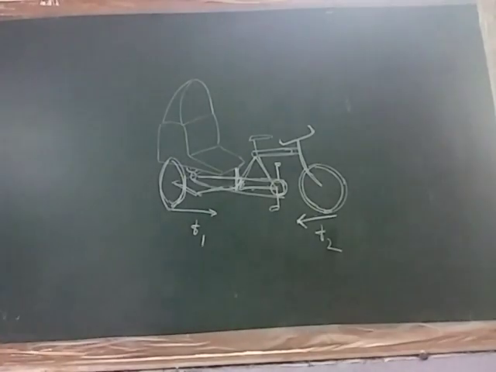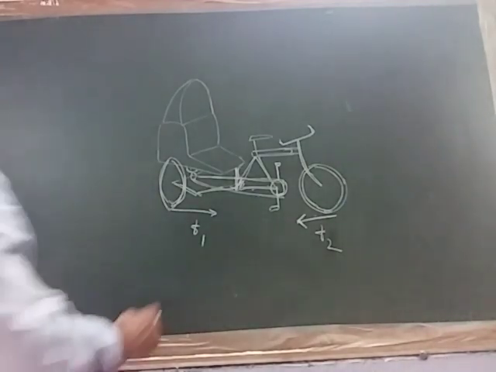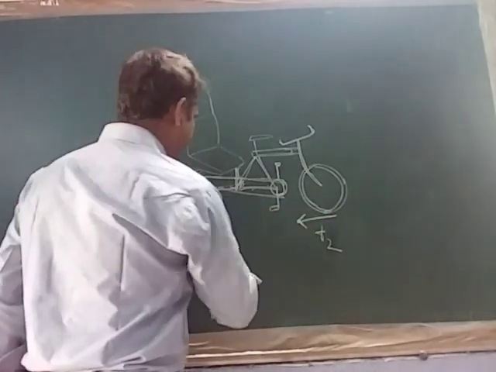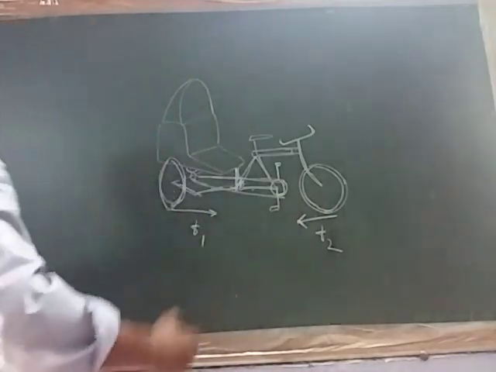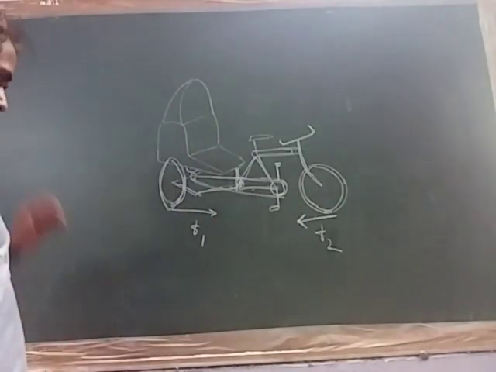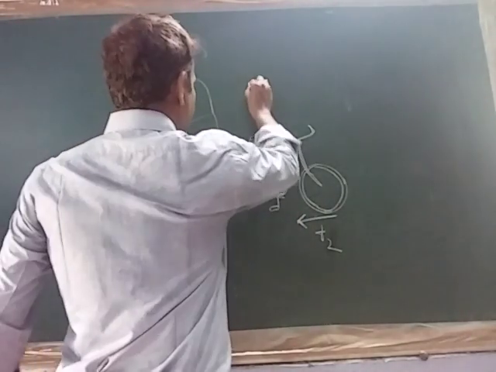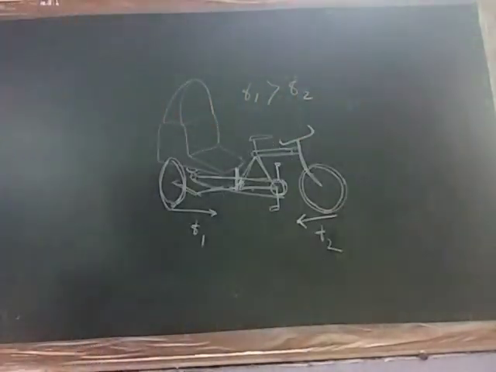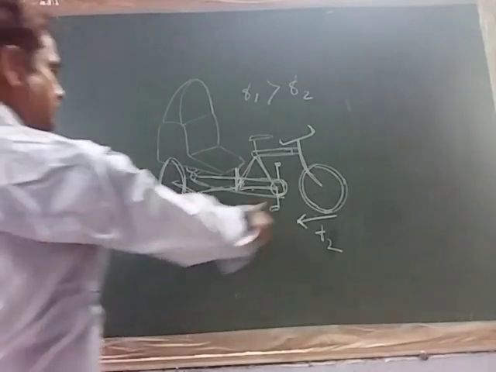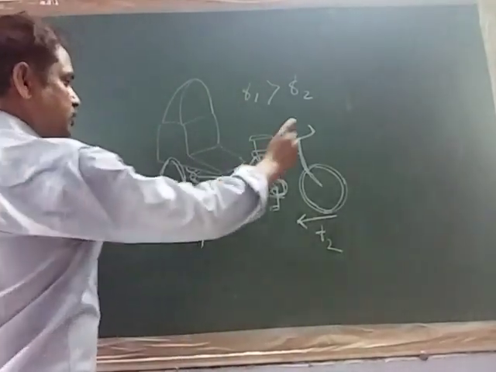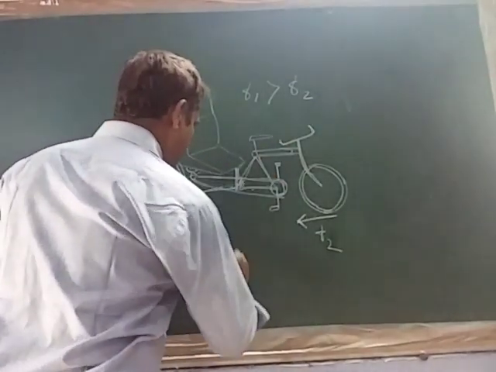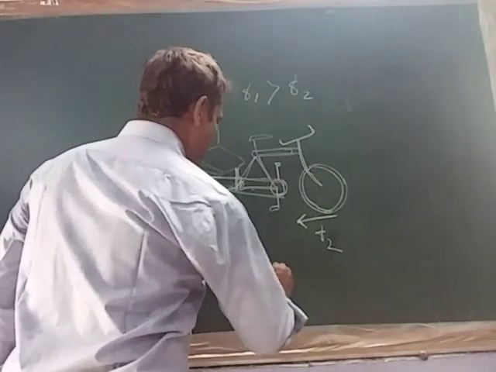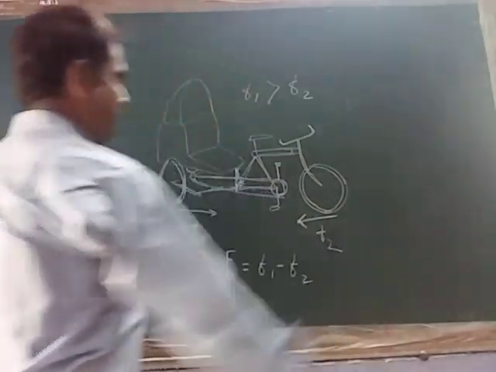Okay, so what we see is two kinds of friction acting in a tricycle, or in a bicycle. The same case also happens in a bicycle, and F1 is greater than F2, and that is why the rickshaw moves with the force which is equal to F1 minus F2.